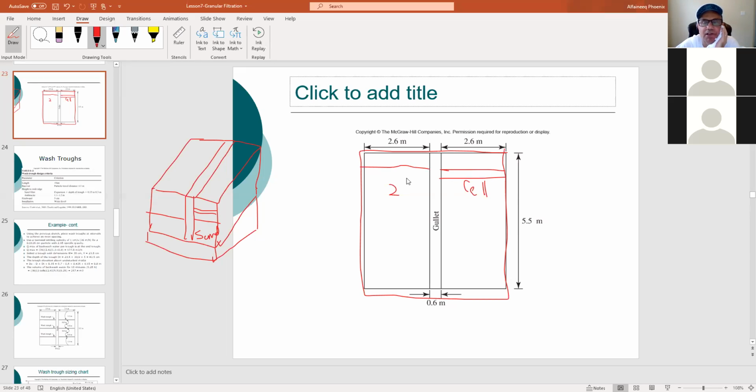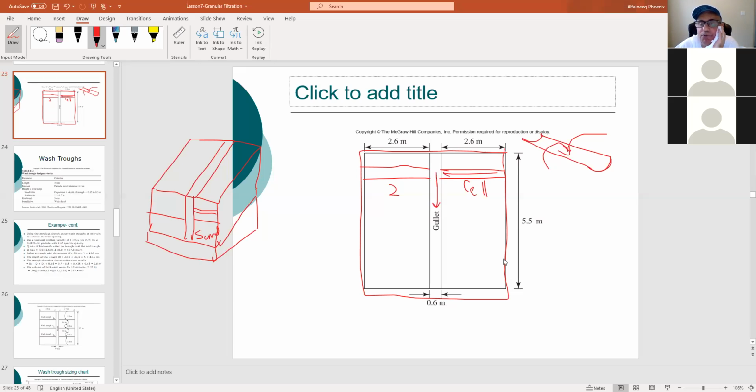Looking from top view, they look like this shape, okay, troughs. So water enters from this side, dirty water. This is for backwash. And it runs all the way and empties in the gullet, then it moves all the way down.